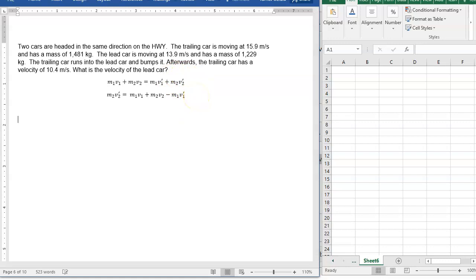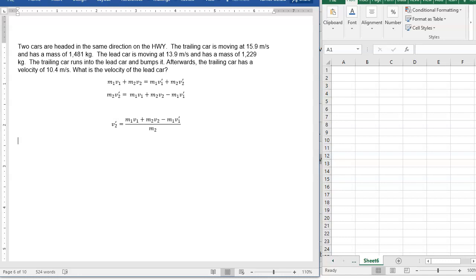And now we just have to divide both sides by m2. Divided by m2. And this is our equation for the velocity of car 2 after the collision.